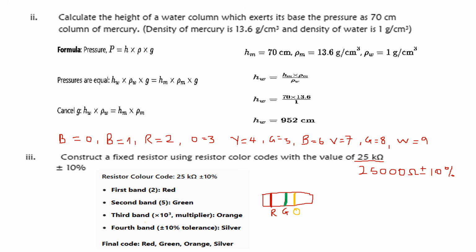So silver is 10%, gold is 5%. If there's no color after this third one, then it means it's 20%.